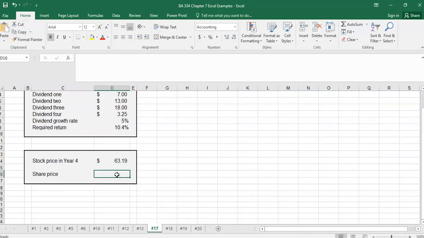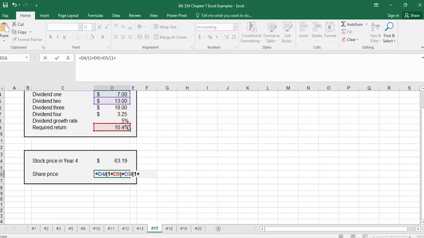Then we need to do the present value of each one of the dividends. So we start with dividend 1. So the dividend in year 1 divided by 1 plus the required return, plus dividend 2 divided by 1 plus the required return, but this is to the power of 2 in year 2, plus the dividend in year 3 divided by 1 plus the required return to the power of 3 for year 3.